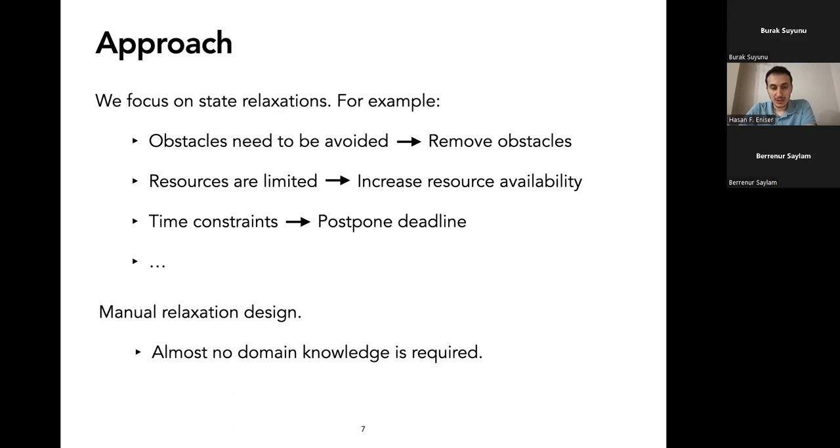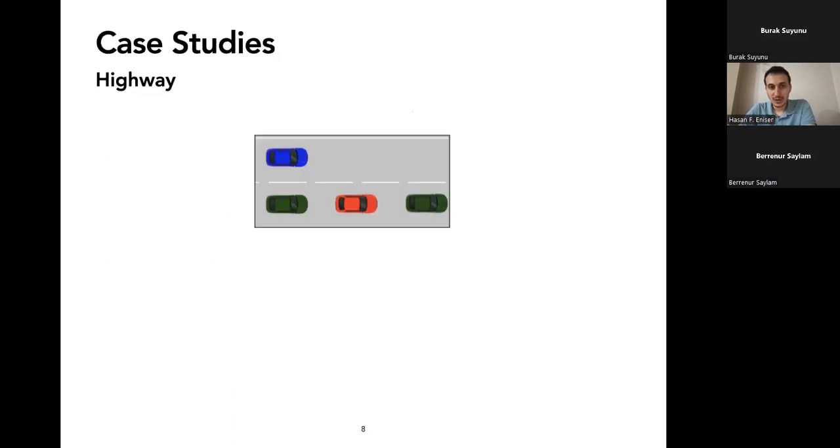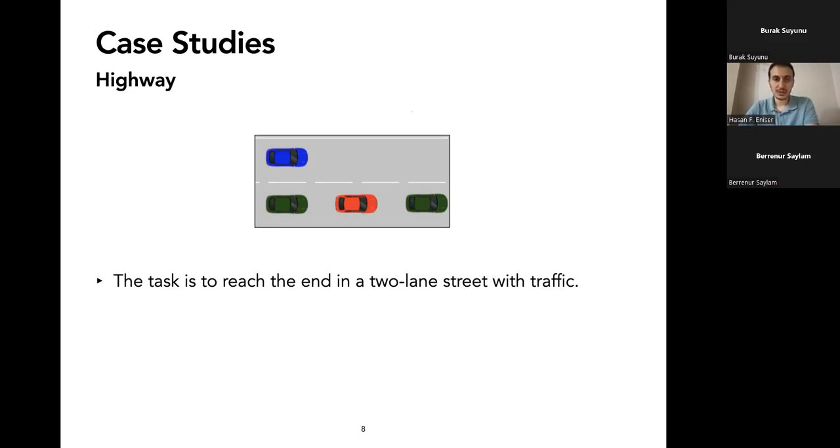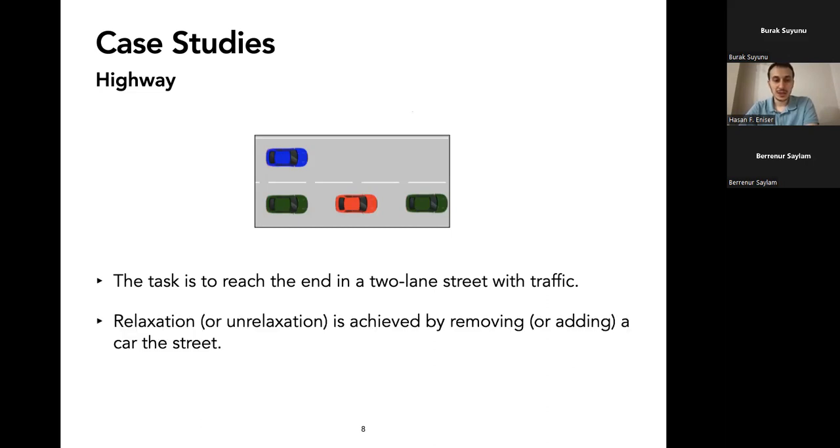So let's concretize the relaxations that we considered in this work. We have case studies. The first one is called highway, where the task is to reach the end in a 2-lane street with traffic. The relaxation is achieved by removing a car in the street, or we can simply unrelax the state by adding a car to the street.